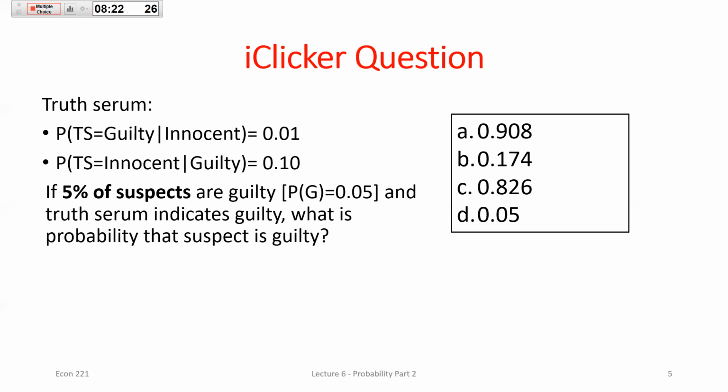Given that someone has said they're guilty, they either actually are or they're innocent. Now we usually aren't given this, right? So we had to calculate one of these first, and then we automatically know what the other one is. We didn't have to go through and use Bayes' theorem again.